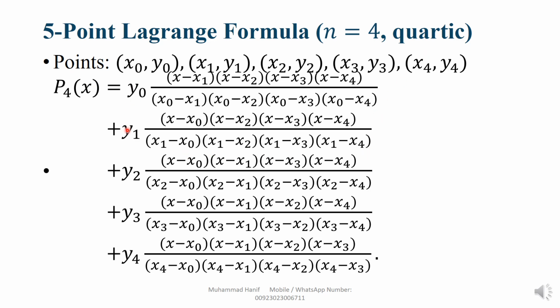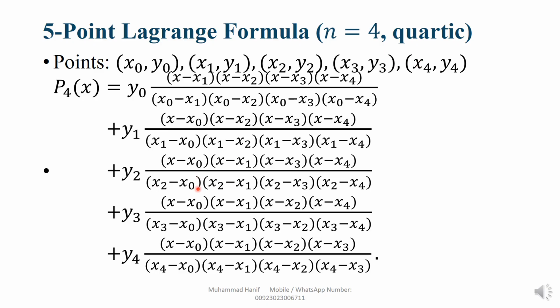If we write 2 points, same process, plus sign, then y2, and after this point x2, x2 minus x naught, x2 minus x1, x2 minus x3, and x2 minus x4.